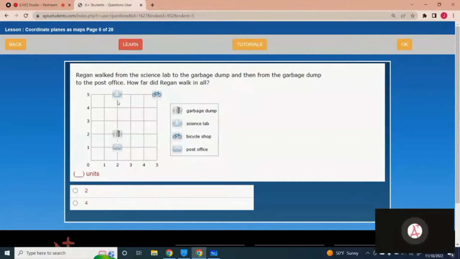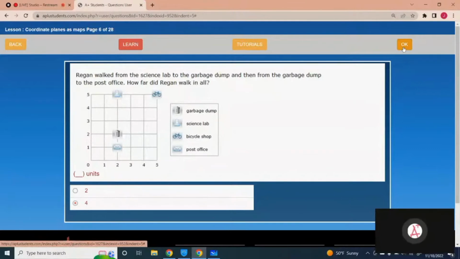Okay, the total distance is 2 units or 4 units? Yes, it is 4 units.